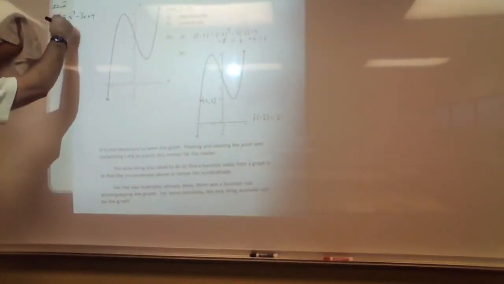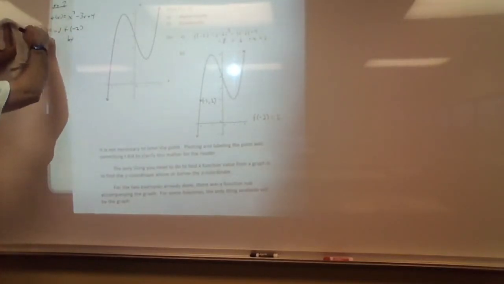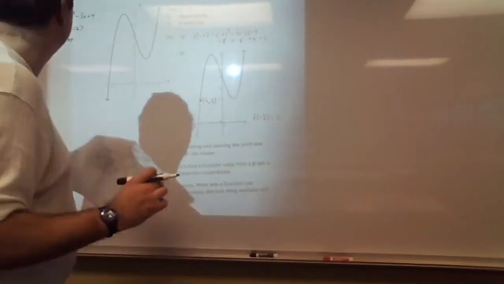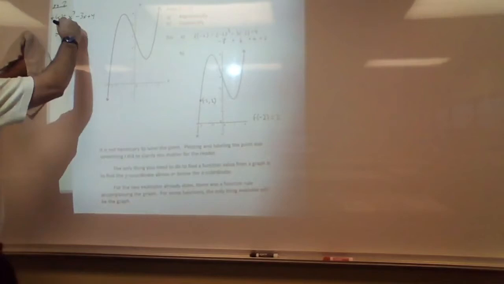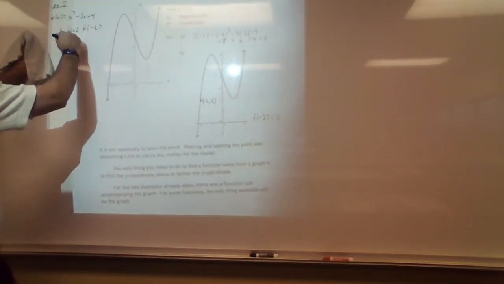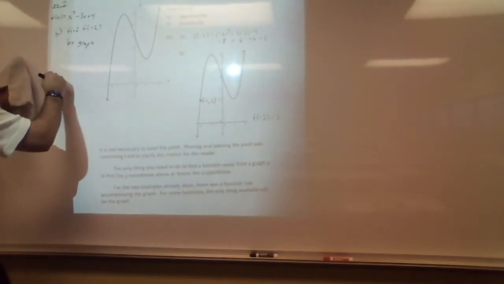Find f of -2 by graph. So I'll do B first. B. Find f of -2 by graph. Then I'll do A.